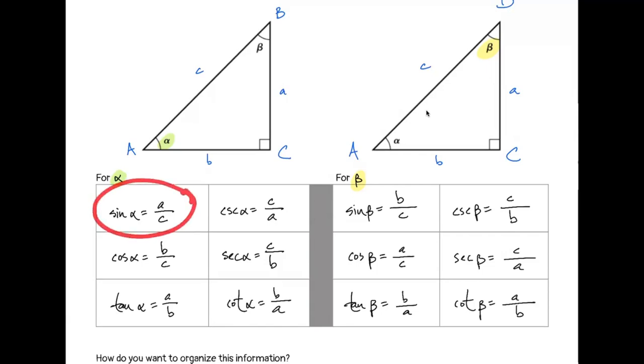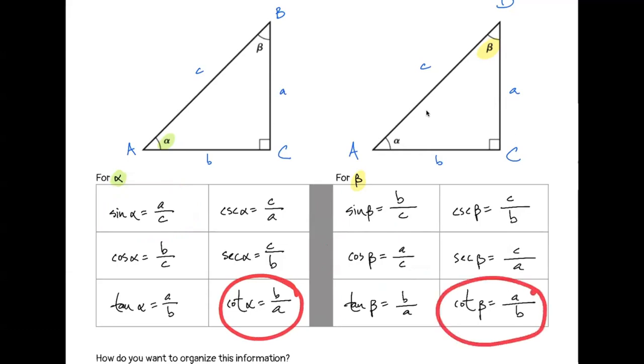Sine alpha equals A over C. Is A over C anywhere else in this table? Yeah, A over C is sine of alpha, but it's also cosine of beta. Nice. And someone else mentioned that cotangent of alpha and beta are also reciprocals. For sure.